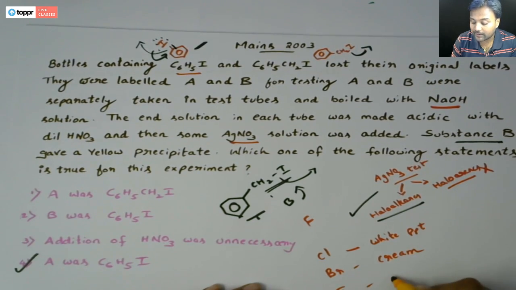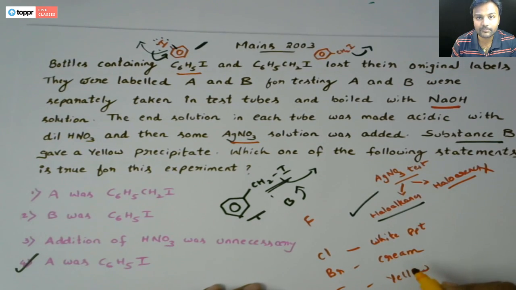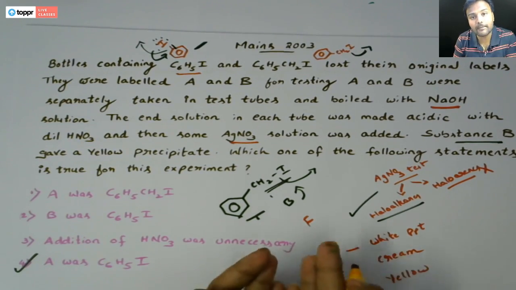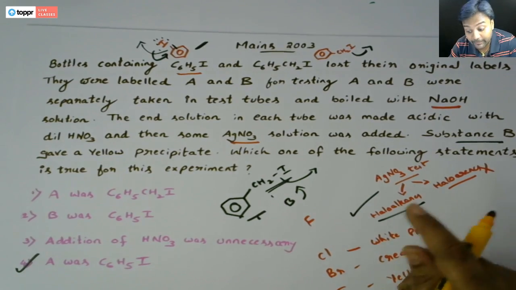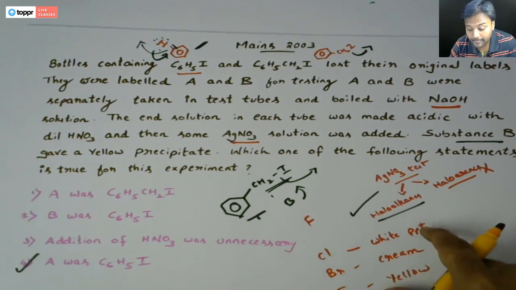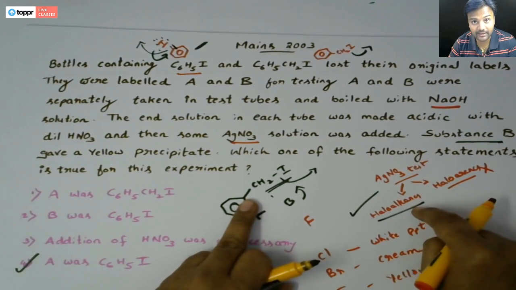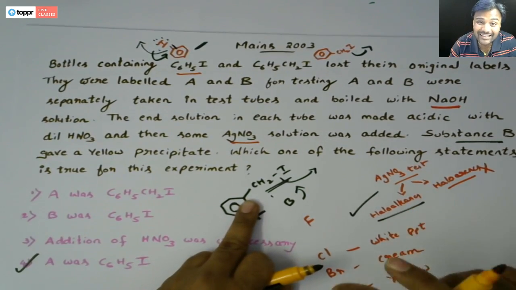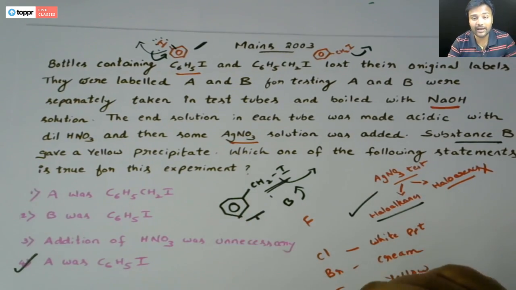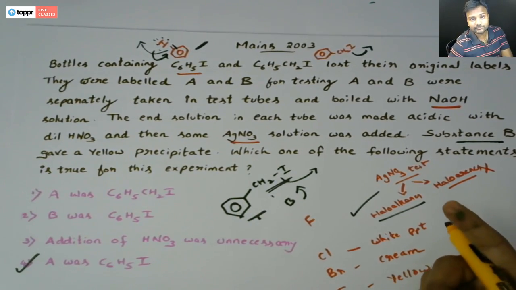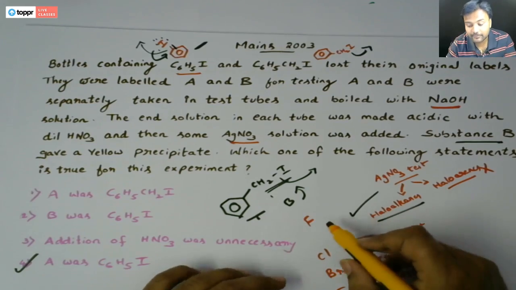If you have iodine, it gives a yellow precipitate. That means based upon the color of the precipitate you can identify which halogen is present. Usually we find that it is a haloalkane, but in the haloalkane, which halogen it is can also be found out. If you get a clear solution, then it is fluorine.